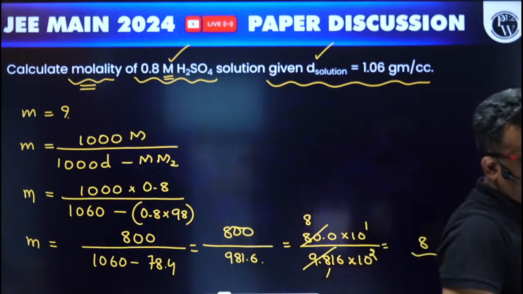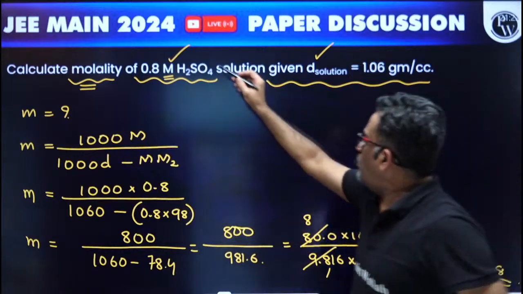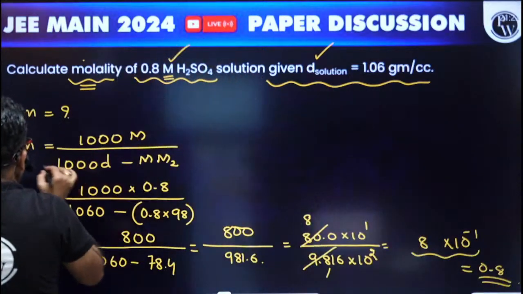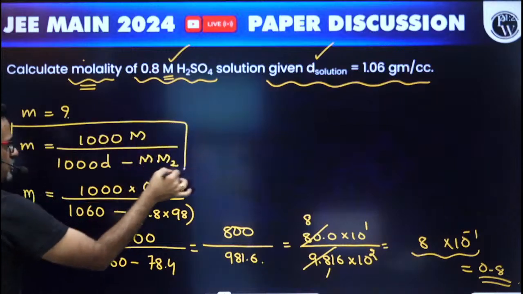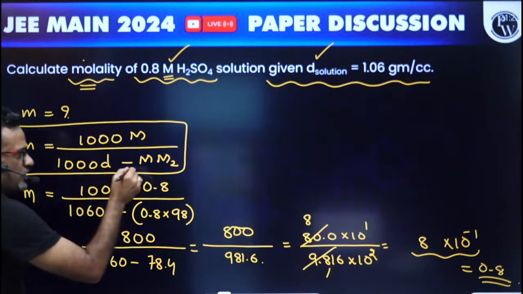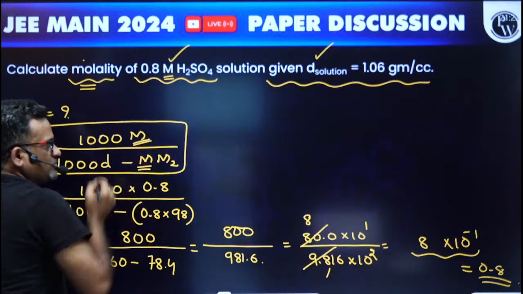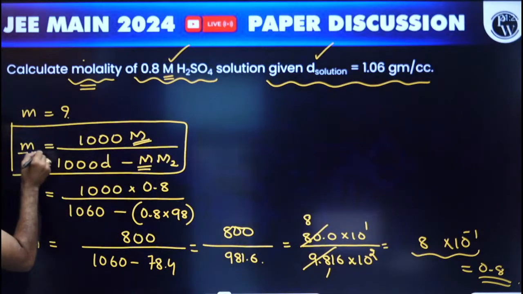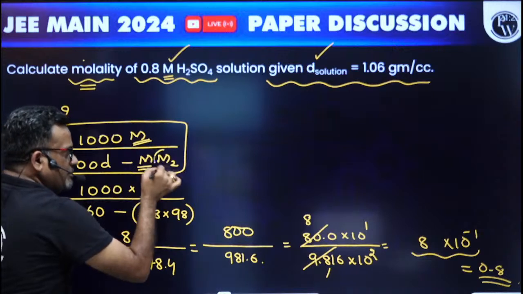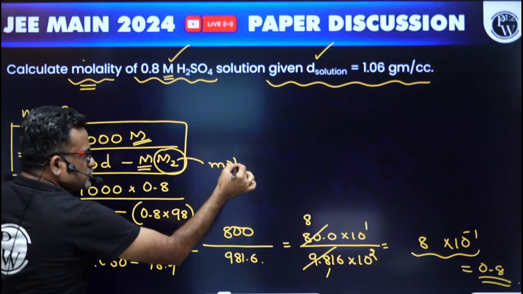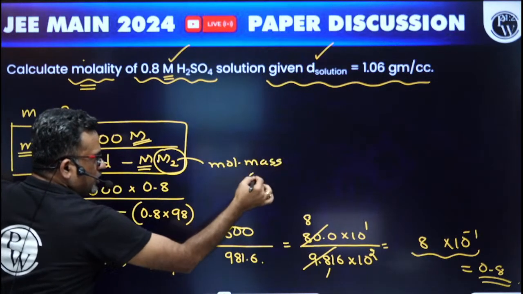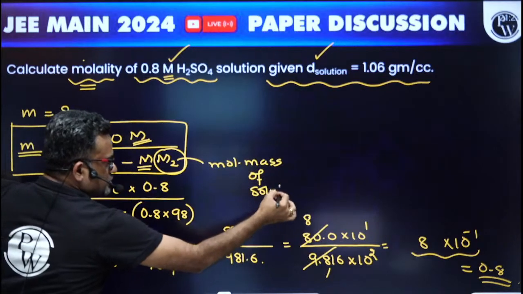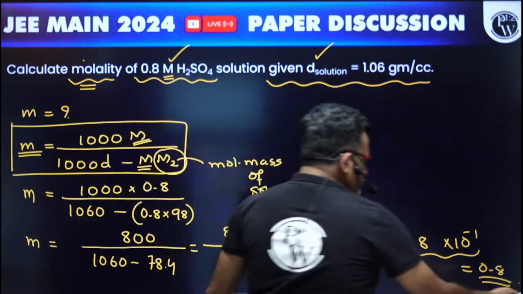Whenever molarity is given and molality is asked, straight away apply this particular formula, you will get the answer. Remember, capital M is molarity, small m is molality, M2 is molecular mass of solute. Is that clear, students?